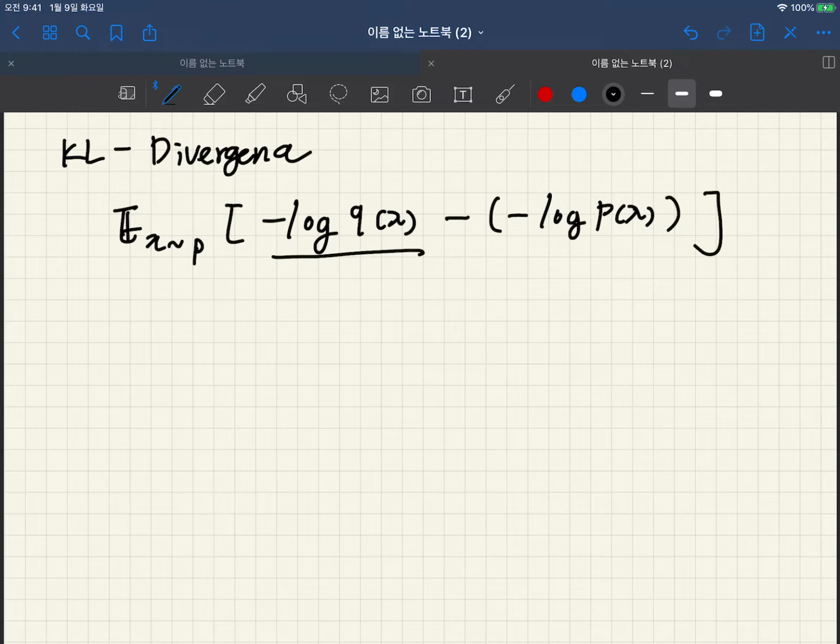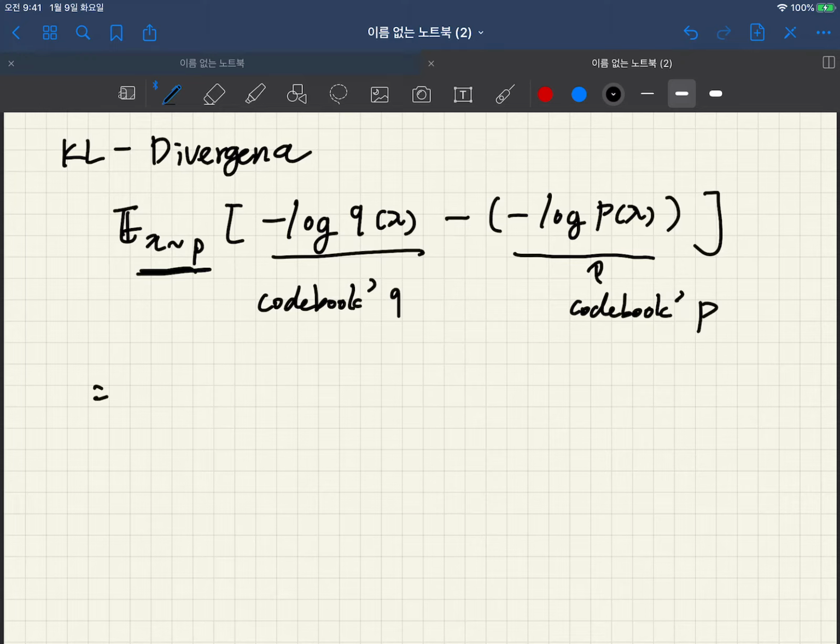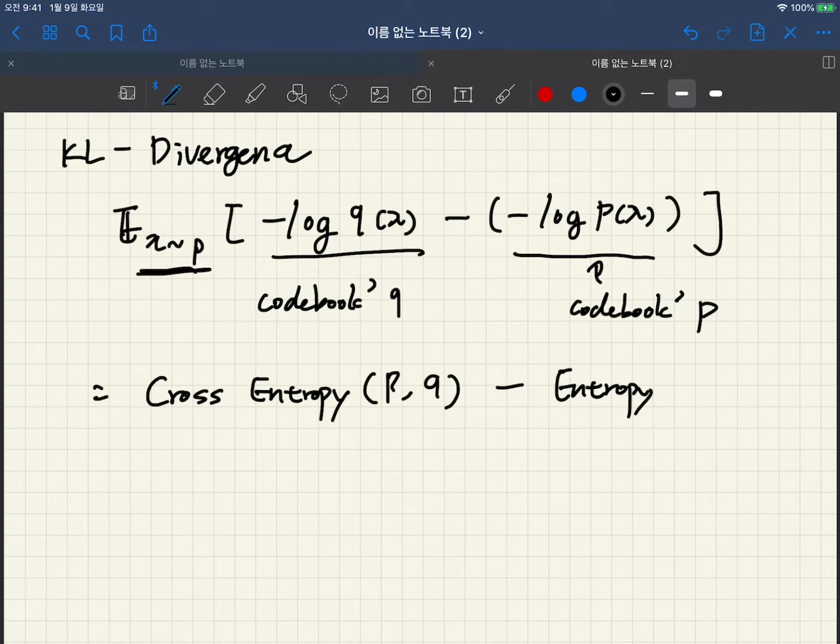So this is the codebook of distribution Q, and this is the codebook of distribution P. And we take the expectation with distribution P. So this is essentially the cross entropy between P and Q minus the entropy of distribution P.